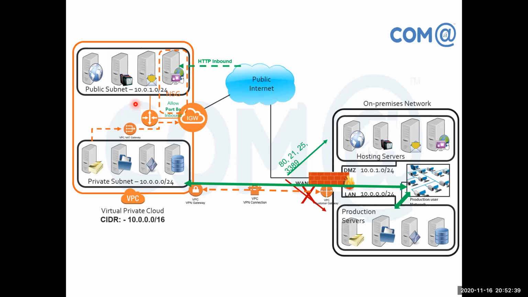What do you mean by VPC peering? Say I have an office in Chennai and another office in Bangalore. If I want to interconnect these two offices, we'll have an internet connection, maybe a T1 connection, an MPLS connection or a leased line connection, and we'll configure a VPN between these two physical locations. Similarly, I have two VPCs. These two VPCs may belong to different customers or the same customer.